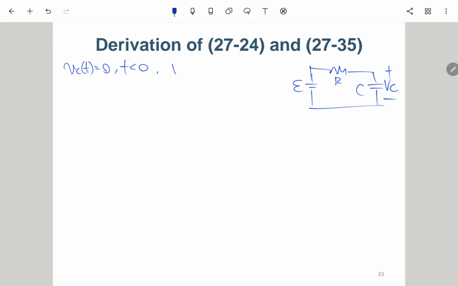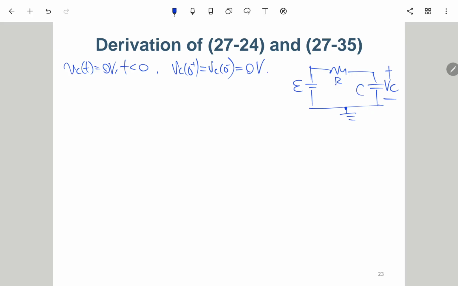So the initial condition VC(0+) should be VC(0-). As I mentioned before, the voltage across the capacitor should be continuous. So after the switch is closed, the voltage across the capacitor should still be continuous, so it should be equal to 0 volt.